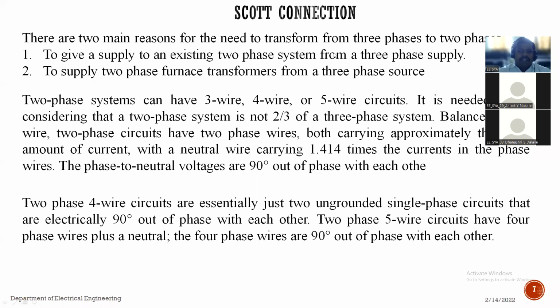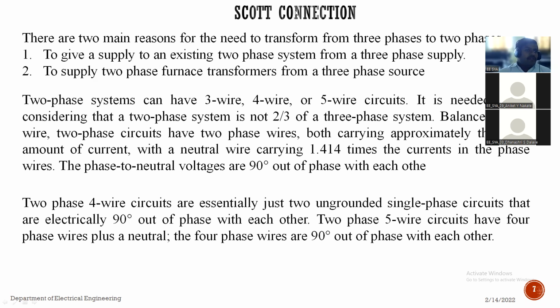In a three winding transformer, apart from the primary winding and secondary winding, we connect one extra winding, that is the third winding. We call this winding a tertiary winding, and due to it the transformer is called a three winding transformer.